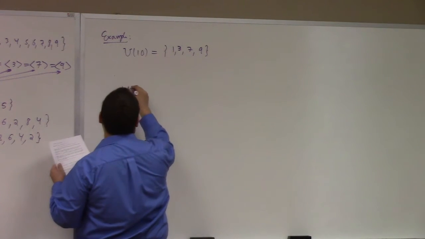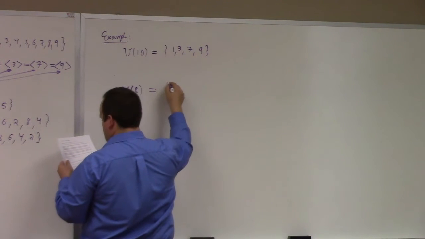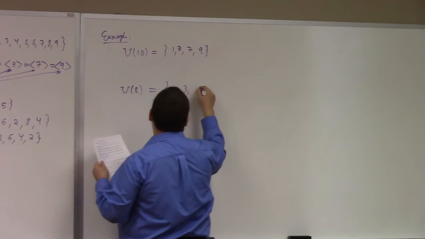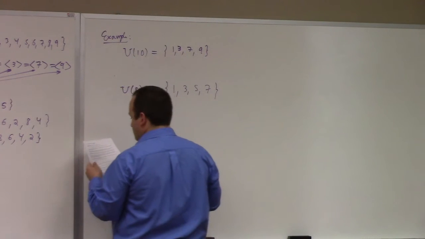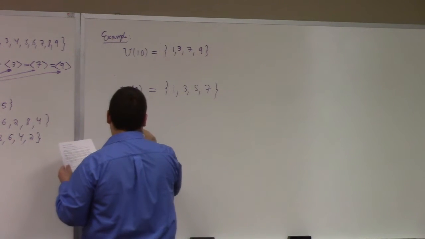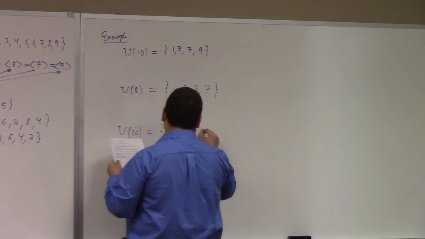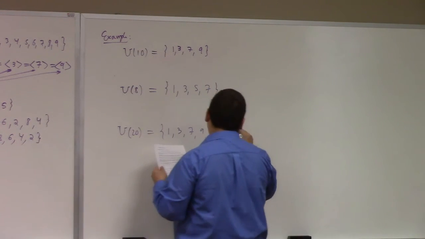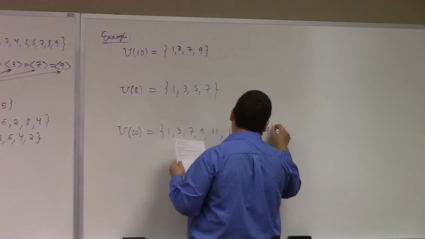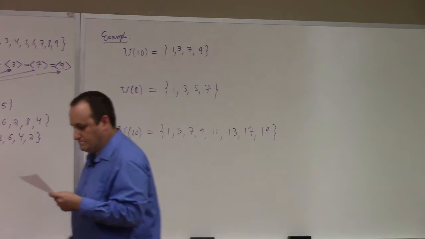If you look at U8, what's U8? 1, 3, 5, 7. U20: 1, 3, 7, 9, 11, 13, 17, 19.